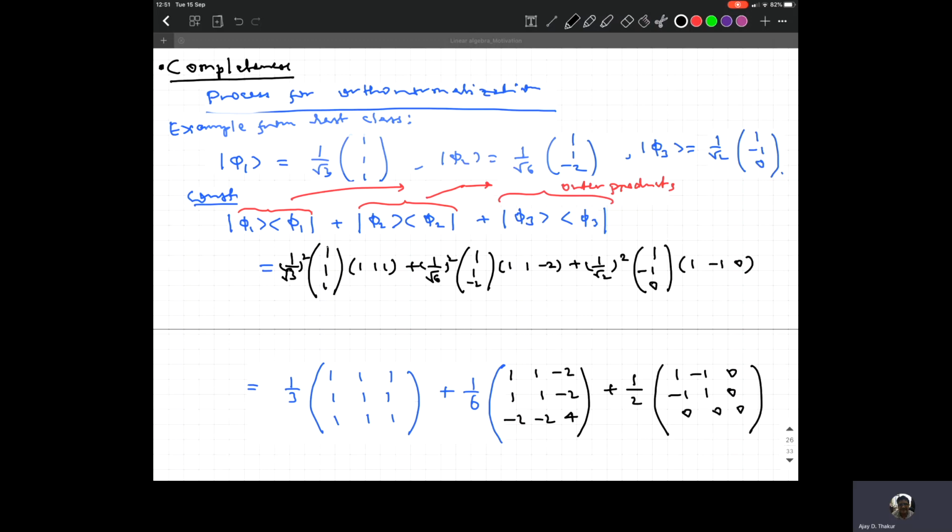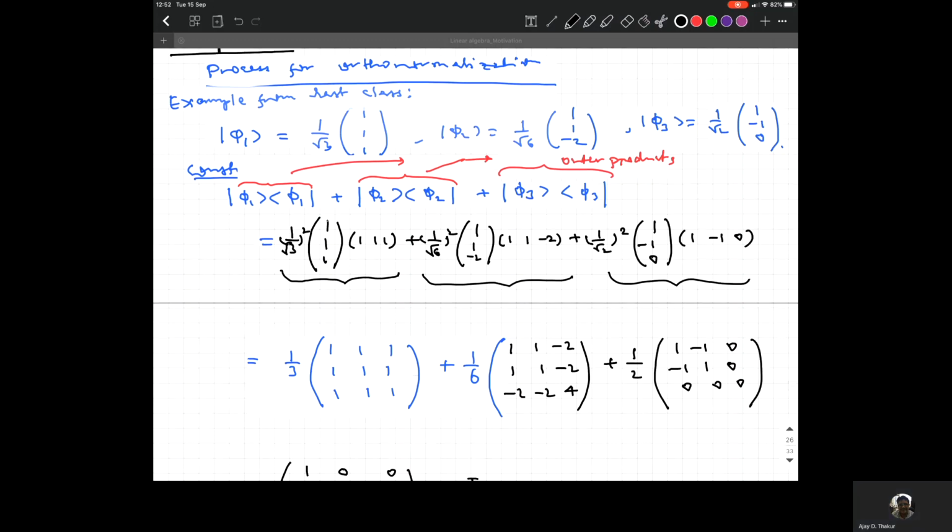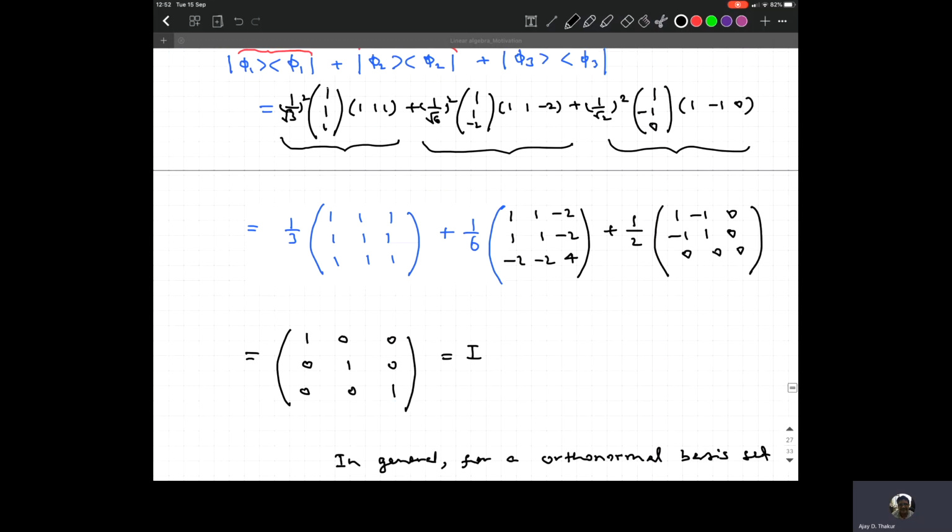That means taking a product of ket of phi1 with bra of phi1, and similarly repeating the process for phi2 and phi3 respectively. So when we obtain the outer product of phi1 with phi1, phi2 with phi2 and phi3 with phi3, and add them together, that essentially leads to the identity matrix.